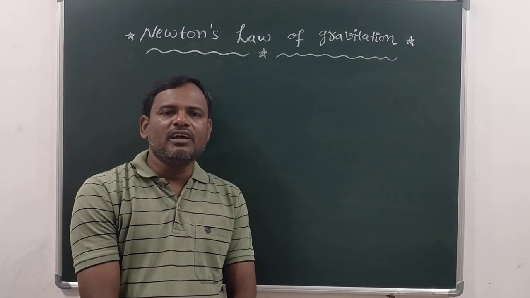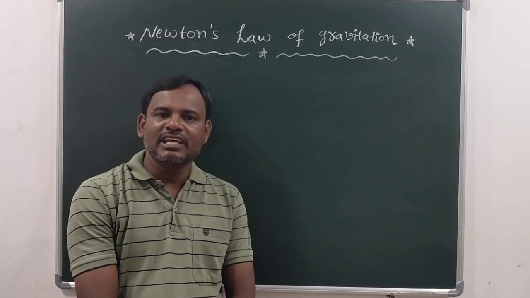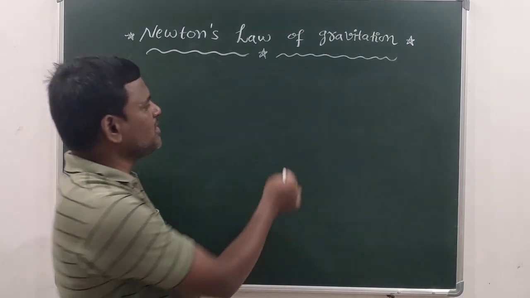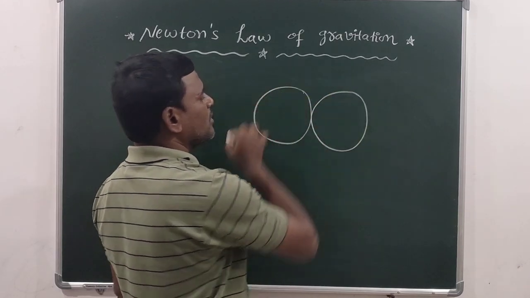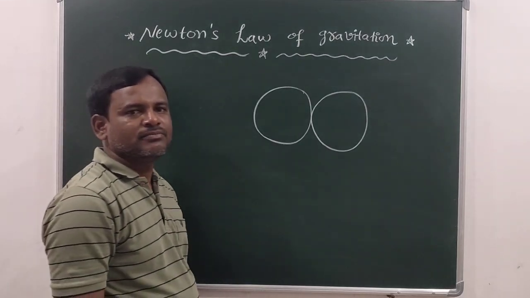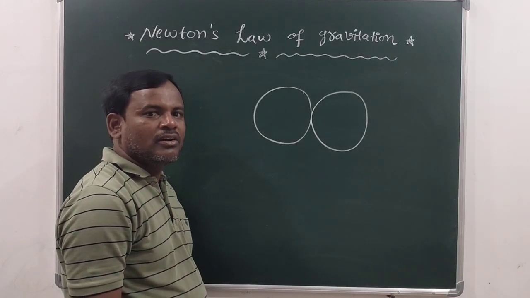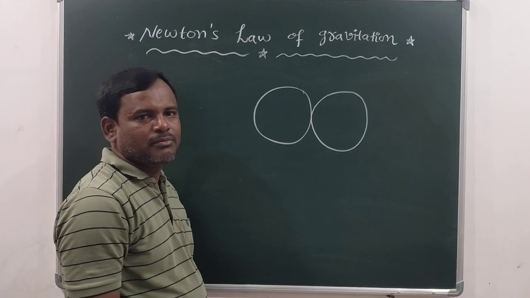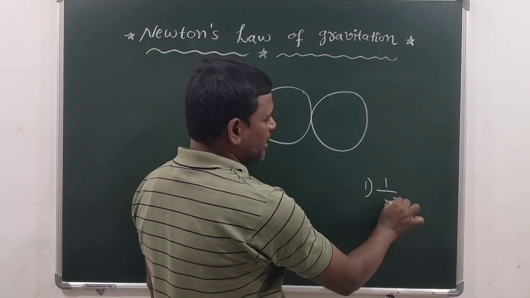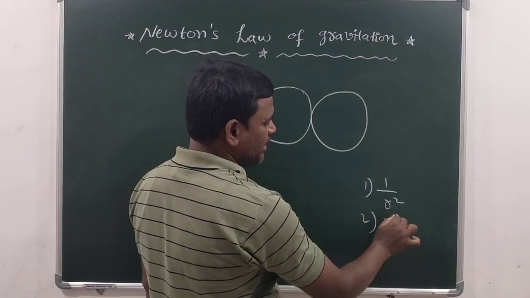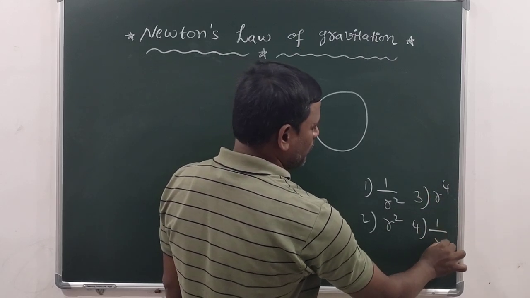See, there are two identical objects made with the same material, which are touching externally and also having their radius as small r. Then the force of attraction between them is directly proportional to: first option 1 by r square, second option r square, third option r power 4, fourth option 1 by r power 4. Which is correct?